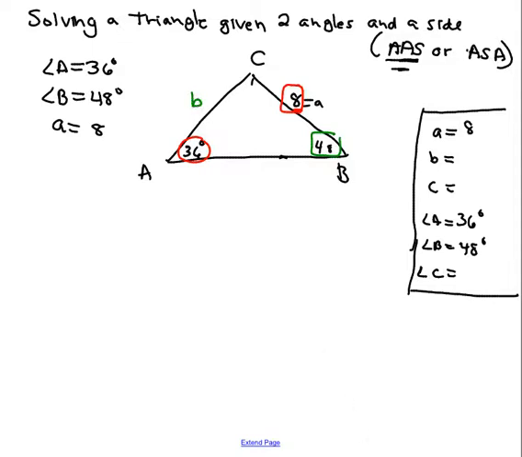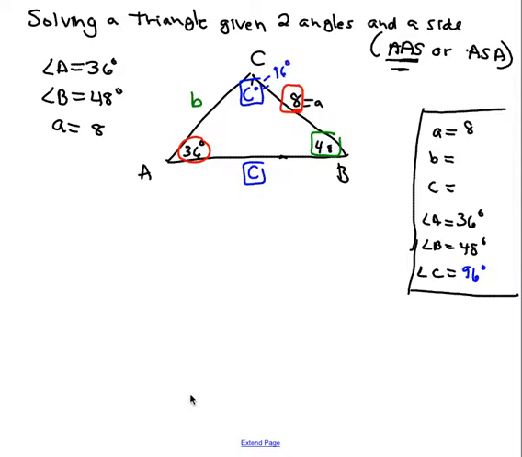Angle C is also unknown, so we'll call this C degrees, and this is side c. I need to find both of these. Angle C is pretty easy to find because I know the two angles. If I take 180 minus 48 minus 36, that leaves me with 96 degrees.